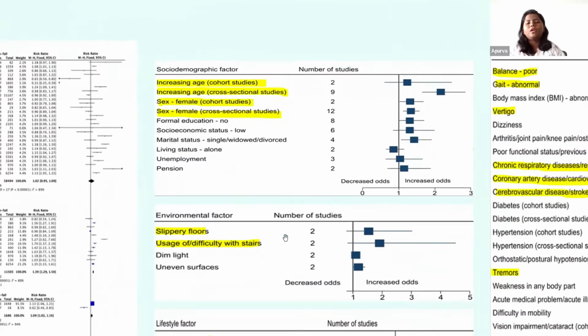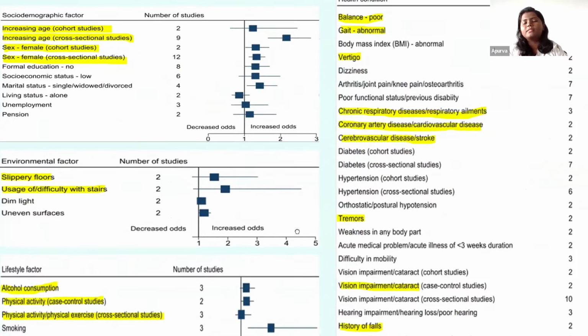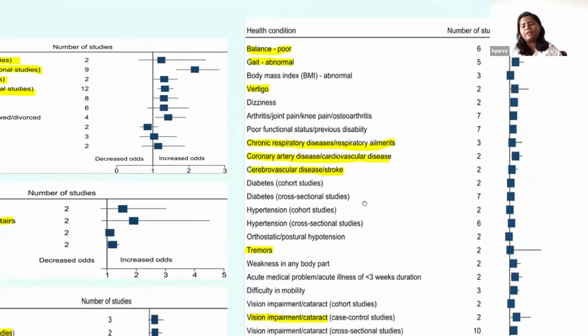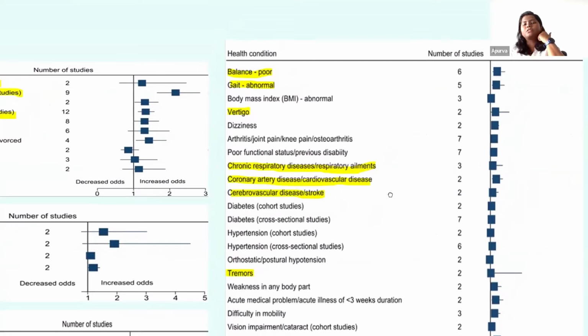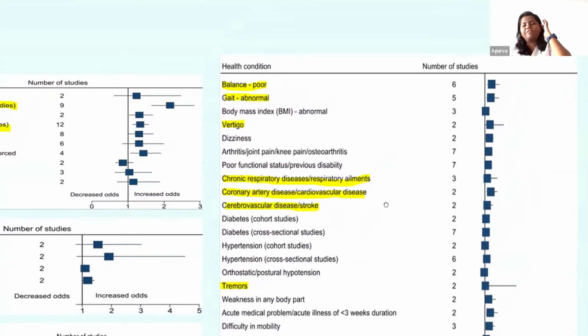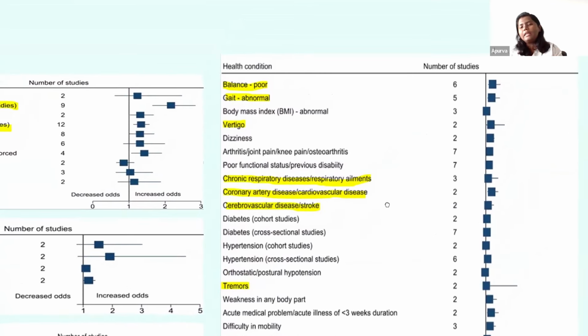Yeah, sure. So, as I just mentioned, there are some intrinsic and extrinsic factors which are responsible for falls, out of which literature suggests that a few of the factors are highly causing falls.